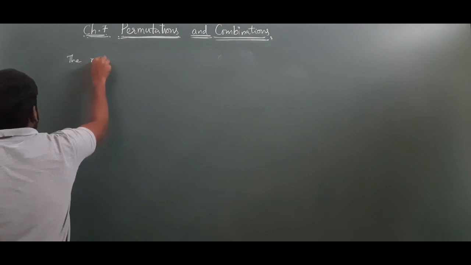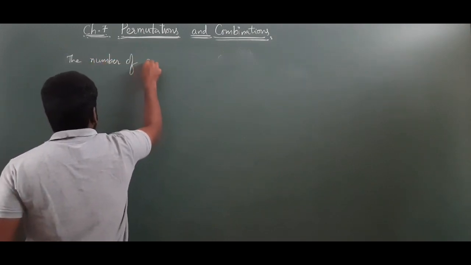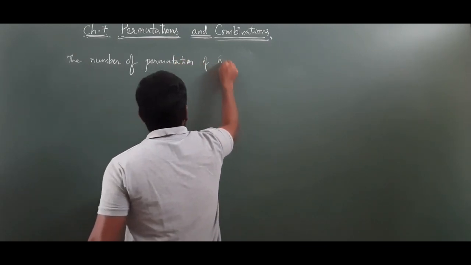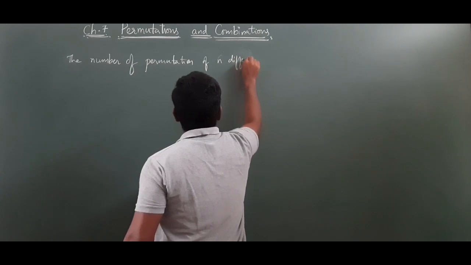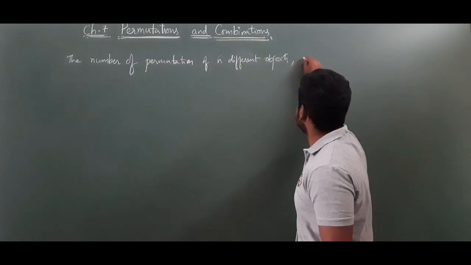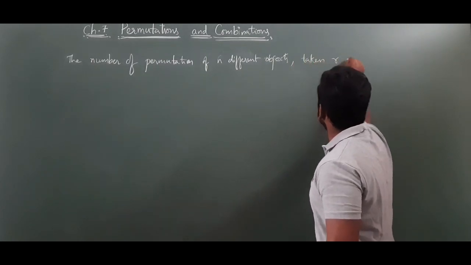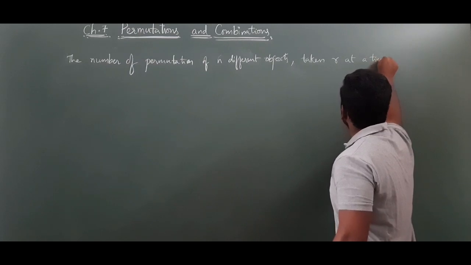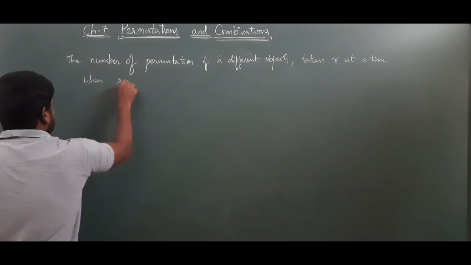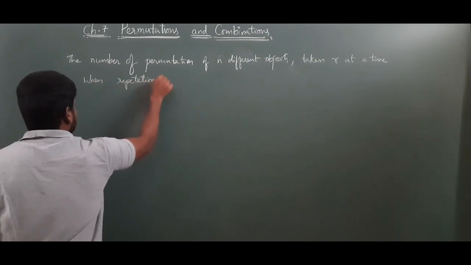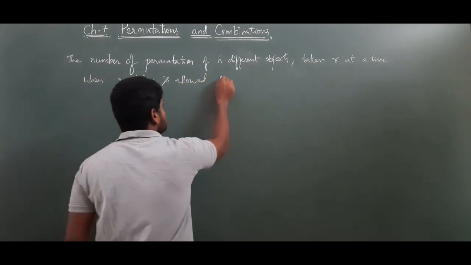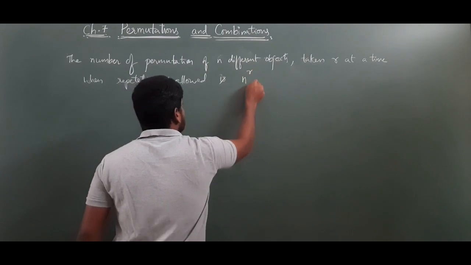The number of permutations of n different objects taken r at a time when repetition is allowed is n to the power r.